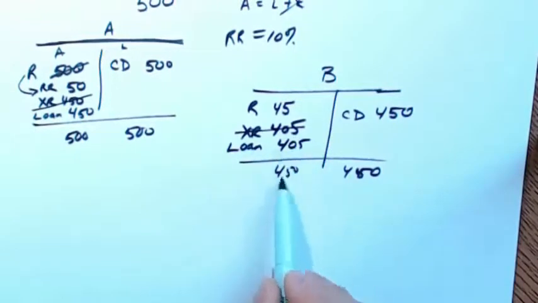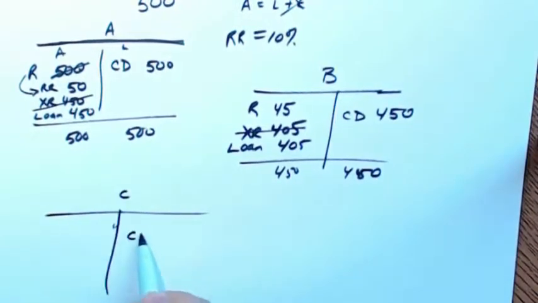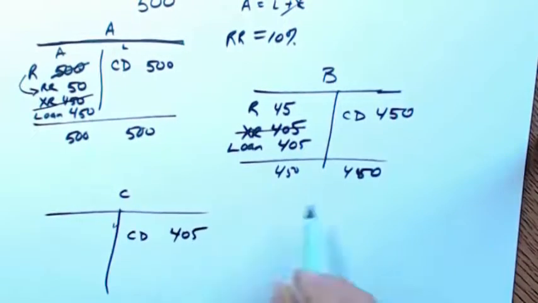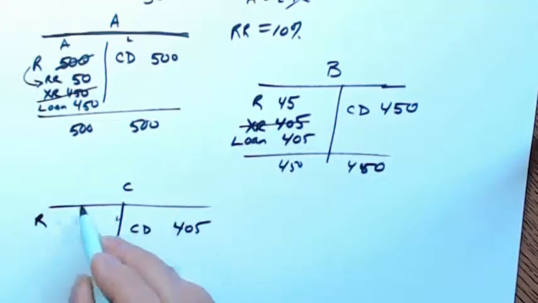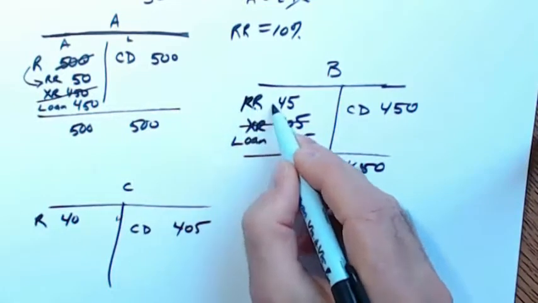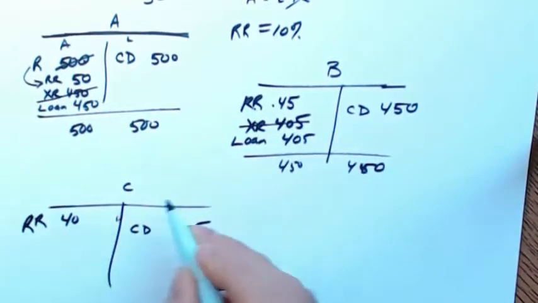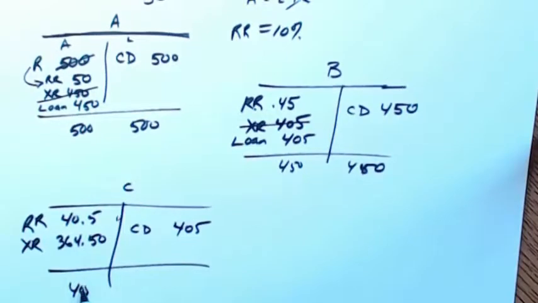And so again, we balance out, and somebody is going to borrow that money, and let's say they deposit it in Bank C. So 405 gets deposited in Bank C. And then their reserves are going to go up by required reserves, RR, of $40.50. And then the excess reserves are $364.50. And again, we balance out at 405.